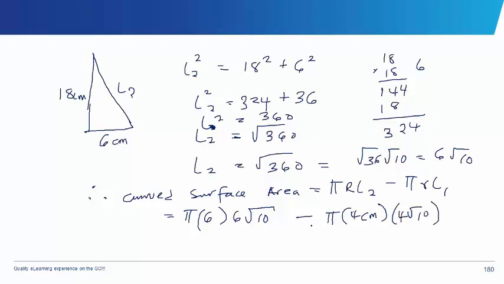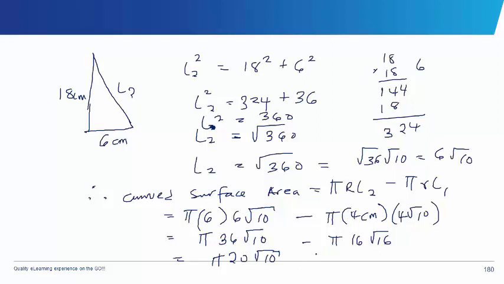This follows that you have pi times 6 times 6 root 10, which is 36 root 10, minus pi times 4 times 4 root 10, which is 16 root 10. When you subtract this, you have pi times 36 minus 16, which gives you 20 root 10.